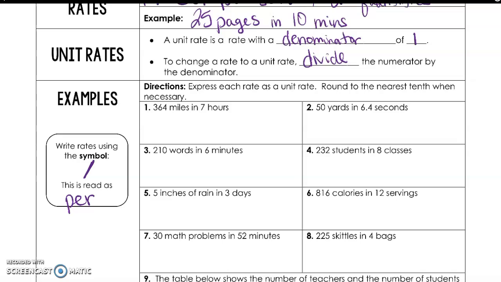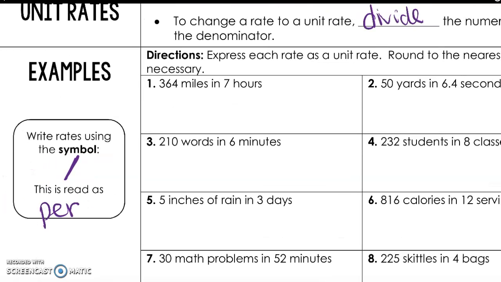Okay, so it doesn't matter how you write these out. You can just do 364 over 7 if you want, or you can do the division sign. It is totally up to you, but then you actually divide that and you end up with 52. So we don't need 52 over 1, we just want 52 miles per hour.